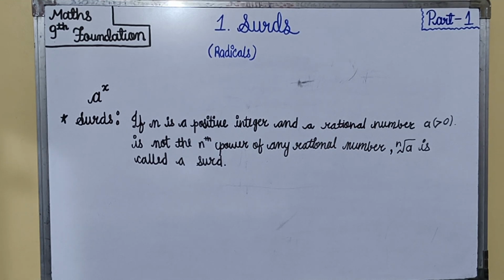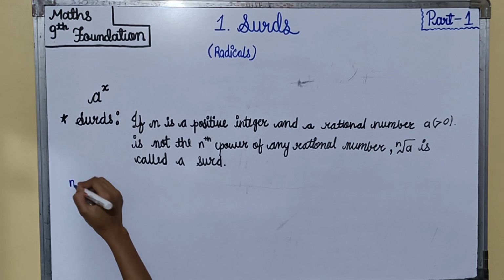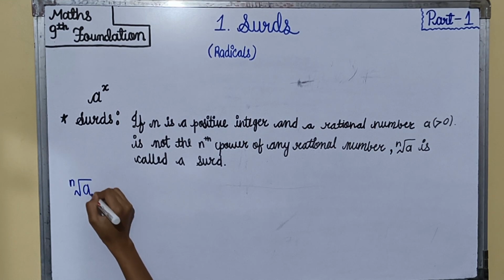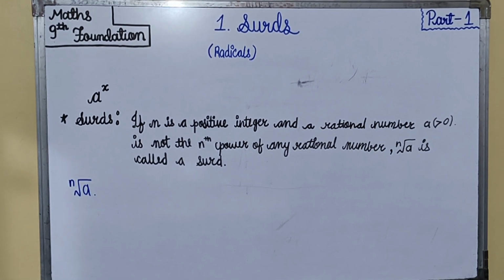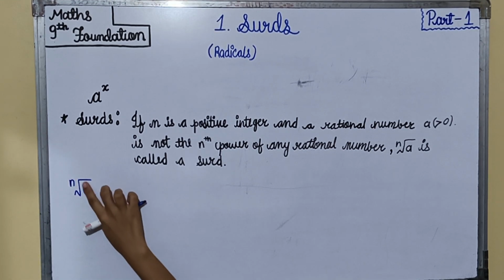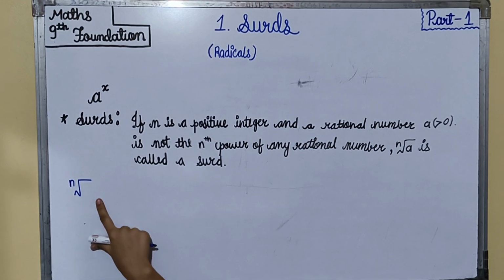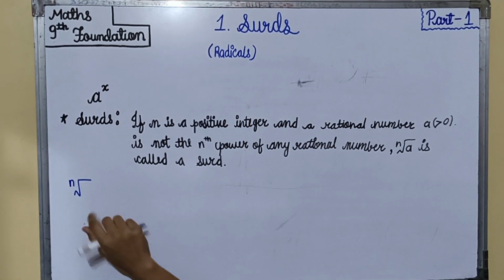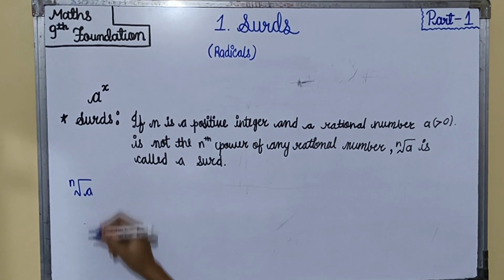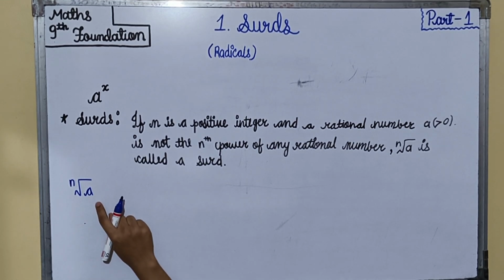Now, this is nth root of a. Here, a is the positive rational number, and nth root means only this much. This much is called the radical sign. A is also called radicand.